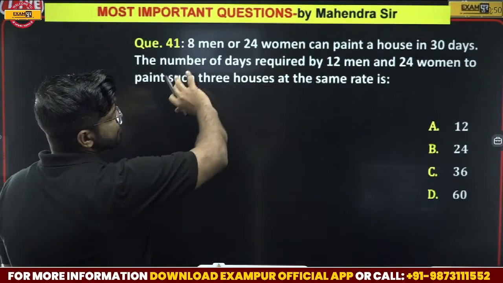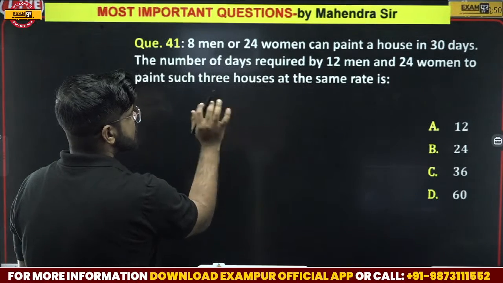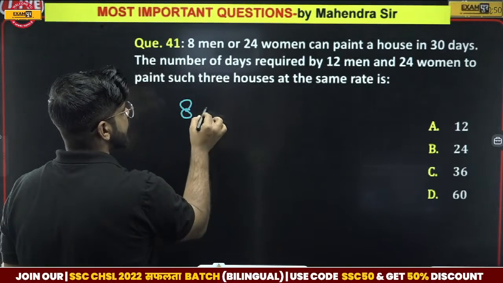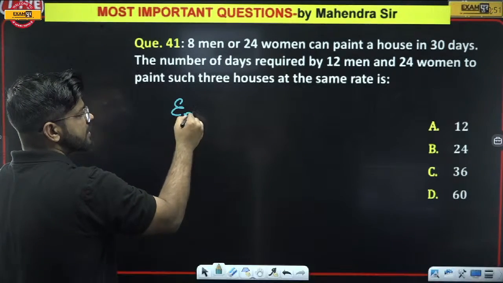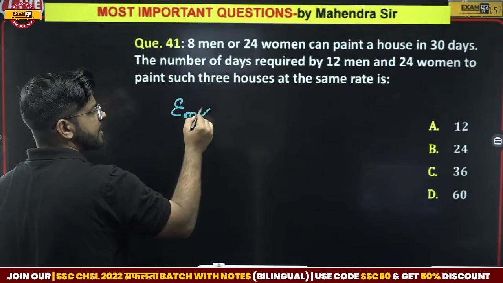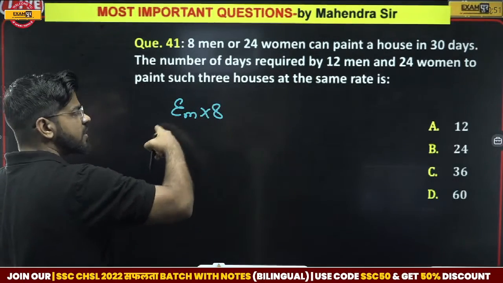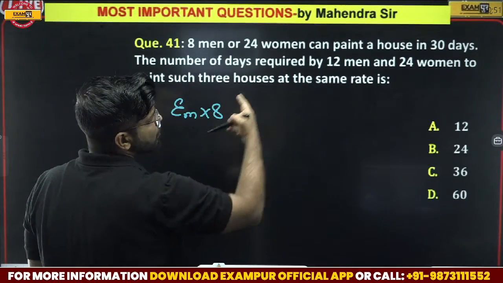So 8 men or 24 women. In this case, 8 men, okay. Efficiency of 1 man is EM. For 8 men, it is 8 EM, or EM into 8, and they are doing it in 30 days.